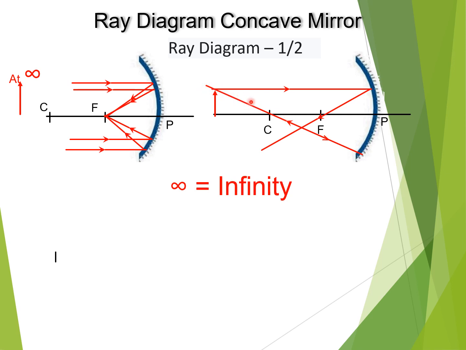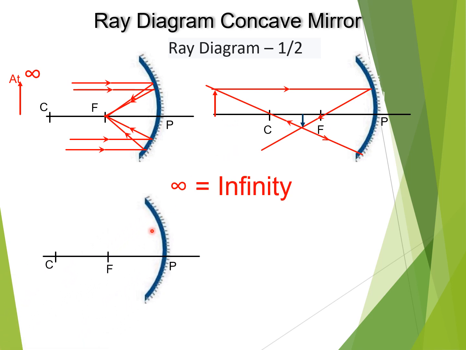So it is falling on the mirror through C, through center of curvature, and it shall go back along the same path. Now the reflected rays are meeting here, at this point, one is this reflected ray and another this reflected ray. So they are meeting at this point. So that means our image shall be formed at this point. So the image is smaller than the object, it is real and inverted.